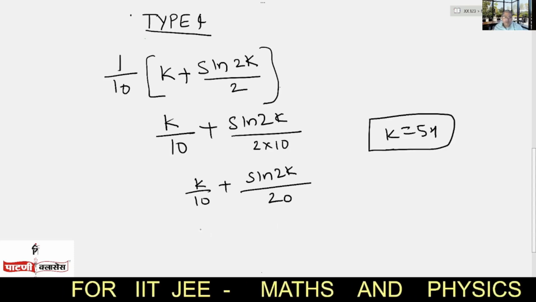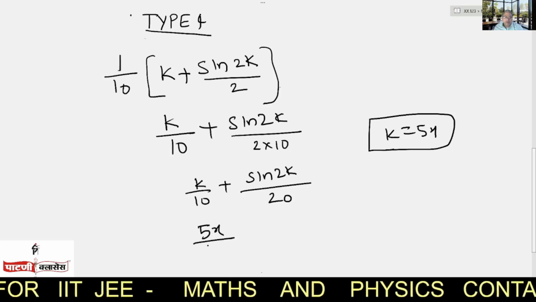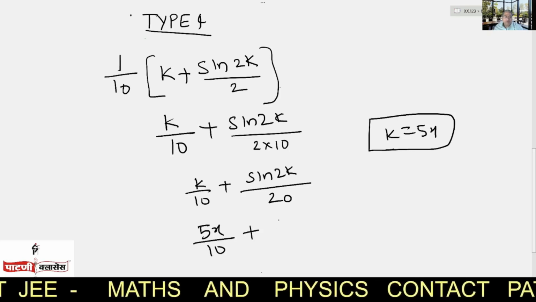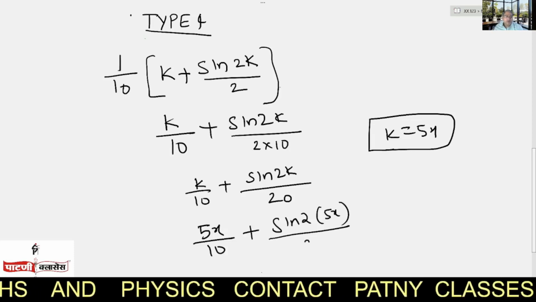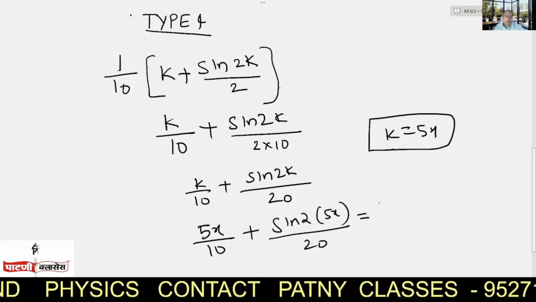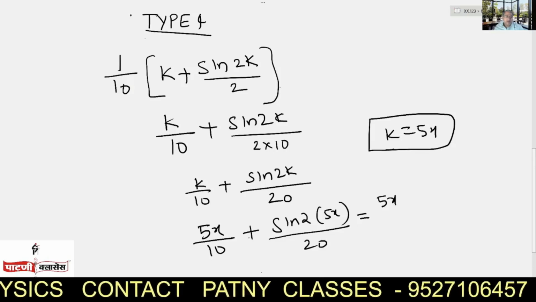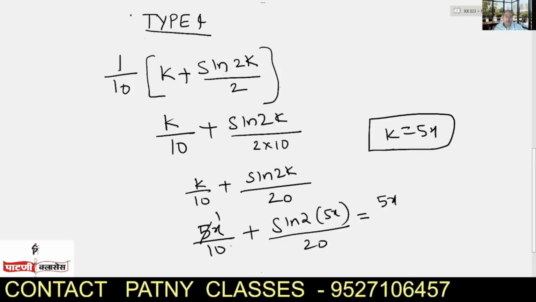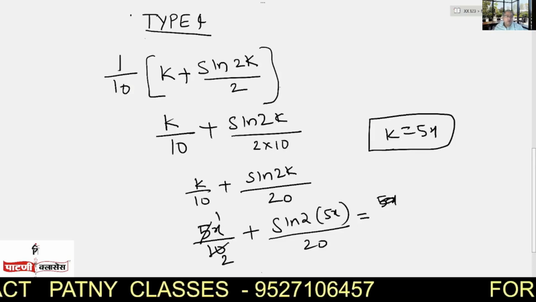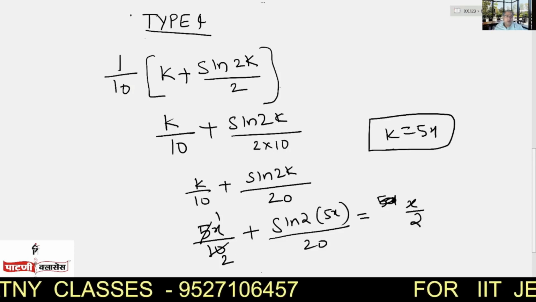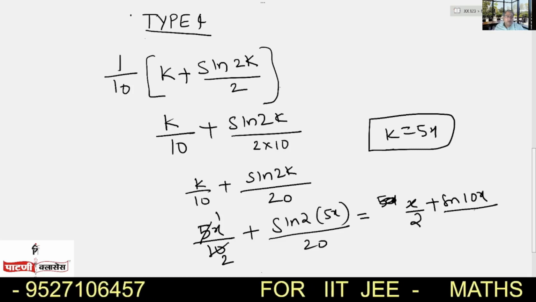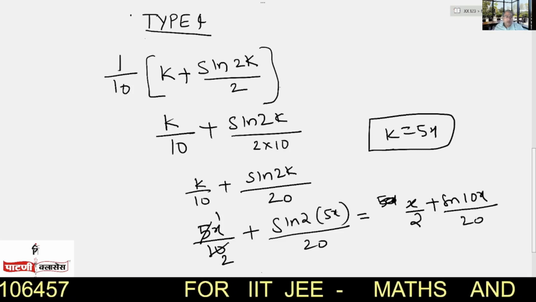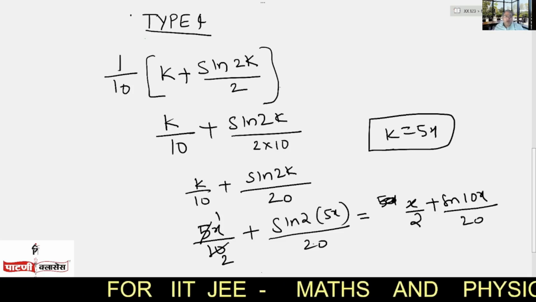But k equals to 5x, we already assumed during substitution. So back substitution gives us 5x upon 10 plus sin 2 into 5x upon 20. Here cancelling is possible: 5 1s are 5, 5 2s are 10, so it becomes x upon 2 plus sin 10x upon 20. Here 5 1s are 5, 5 4s are 20 cannot be cancelled.